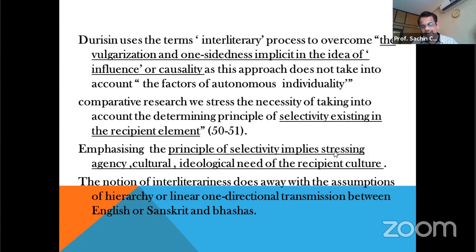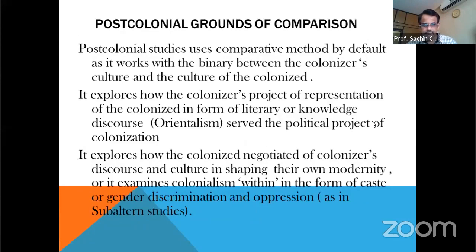So in that way, he maintains the autonomy of receiving cultures, which the idea of influence does not. Because once you say that this is a derivative and copy of Shakespeare, you are taking away the autonomy of that Gujarati or Marathi or Punjabi text. And that applies not just to transmission between English and Indian languages, but also between Sanskrit and Bhashas.